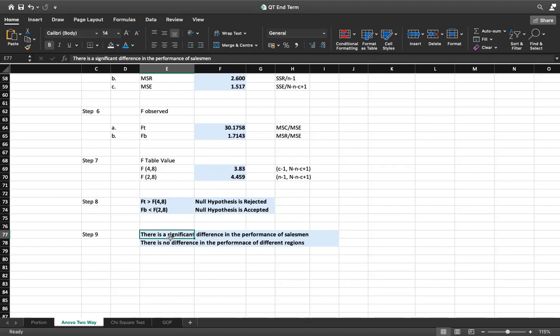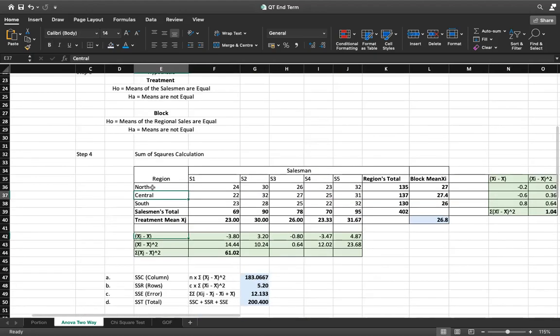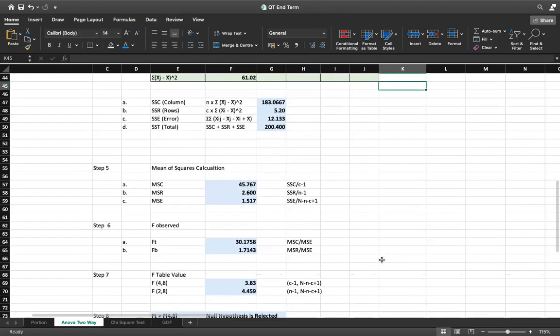So each salesman has a different sales output, but there is no difference in the performance of different regions. All regions, whether it's north, central, or south, all of them have the same sales volume. So all of them are performing pretty similar to each other.